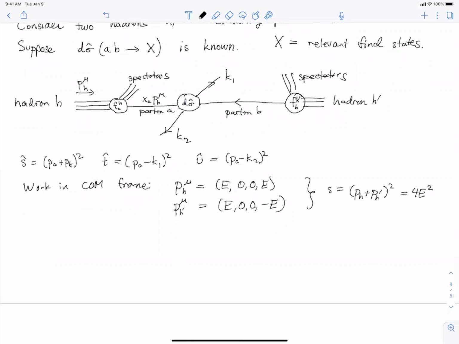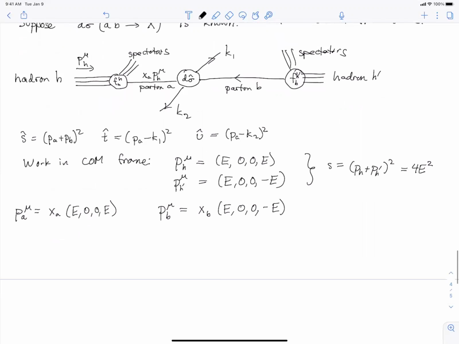Now p_A^mu is the momentum fraction x_A times (E, 0, 0, E), and parton B has its momentum fraction times its parent hadron's momentum, (E, 0, 0, minus E). In terms of that, we can calculate S hat.